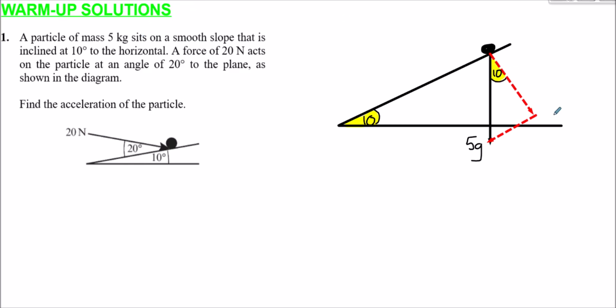So the component of the weight acting perpendicular to the slope is going to be 5g cos 10, whereas acting downwards, parallel to the slope, is going to be 5g sin 10.